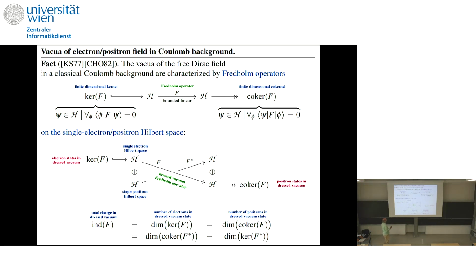If you split the Hilbert space of the single Dirac field into its electron and positron components, then it turns out there's a self-adjoint bounded operator of odd degree on this graded Hilbert space. So it has these two components, F and F star, whose kernel and cokernel are finite dimensional, so that makes it a Fredholm operator. And then the dimensions of these kernels and cokernels are the electron and positron contributions in this vacuum.